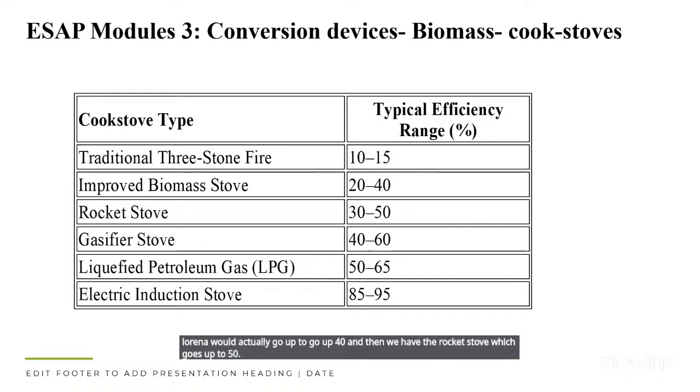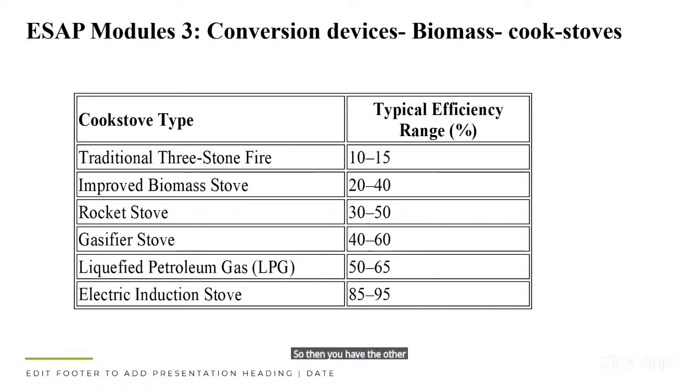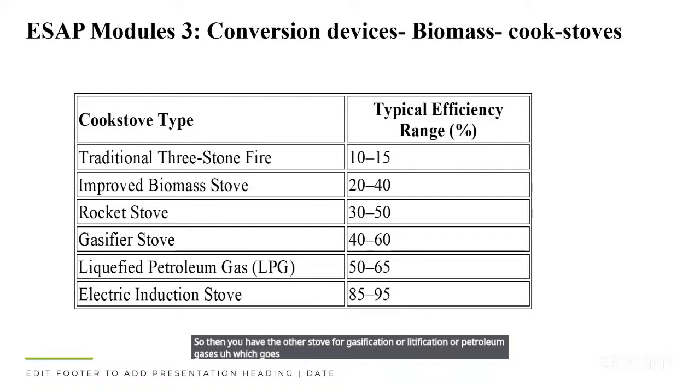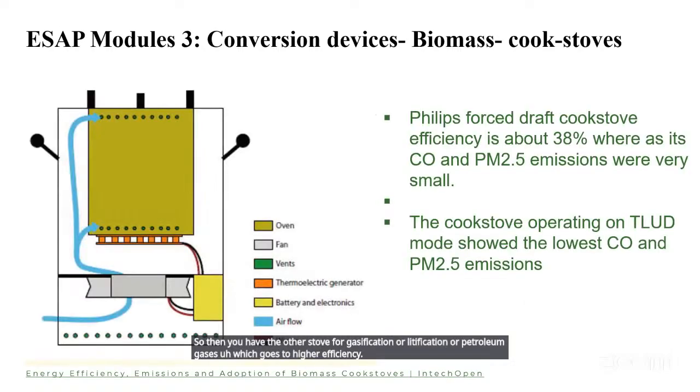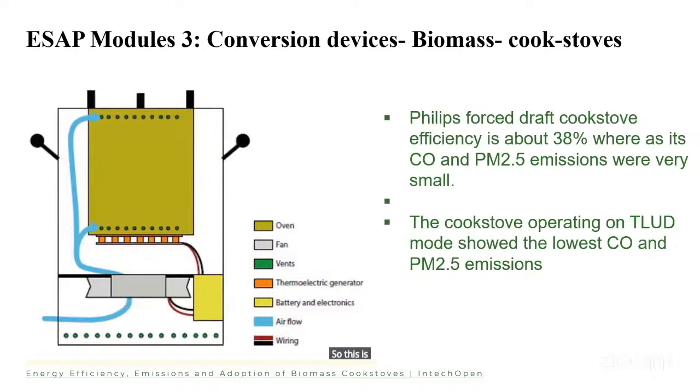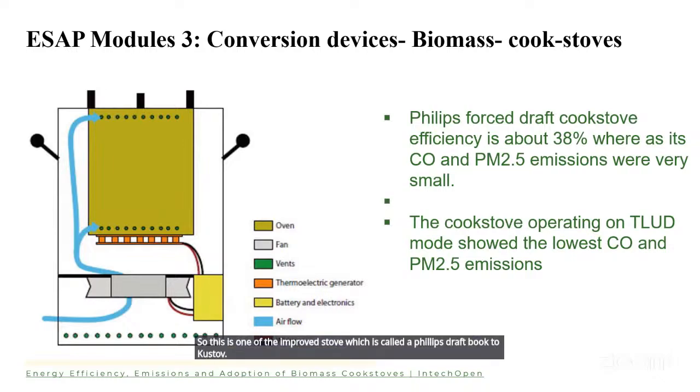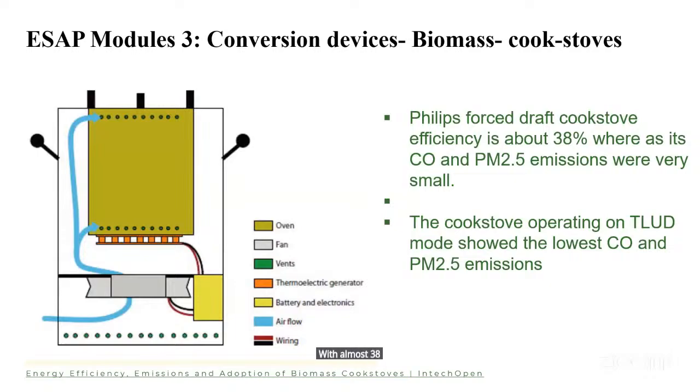Then you have the stoves for gasification or liquefied petroleum gases, which reach higher efficiency. This is one of the improved stoves, called the Philips draft cook stove, with almost 38% efficiency, but where emission of particulate matter and carbon monoxide have been reduced.